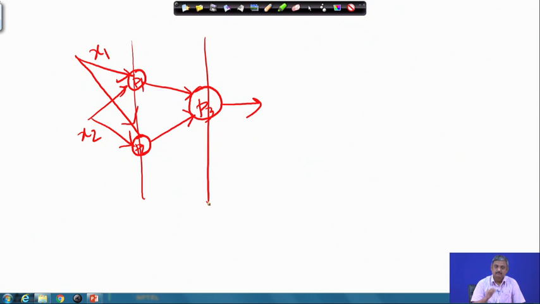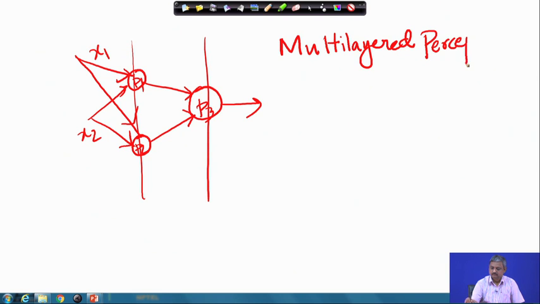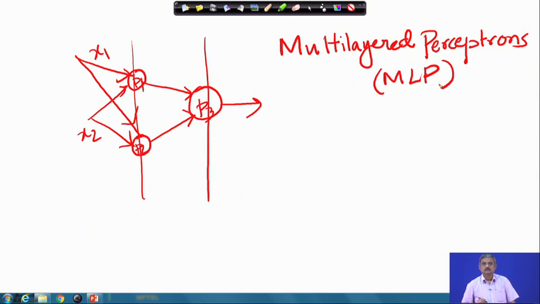This type of network has different layers of perceptrons, one layer feeding the next layer, feeding the next layer. These are called multi-layer perceptrons, or MLP.